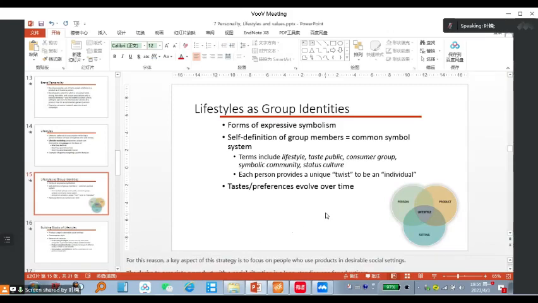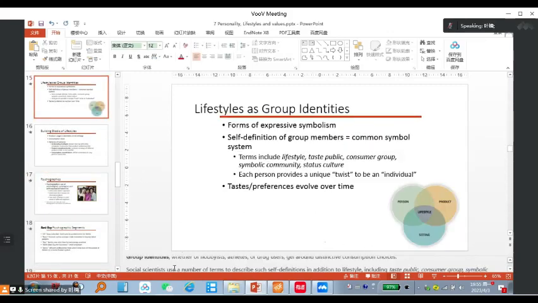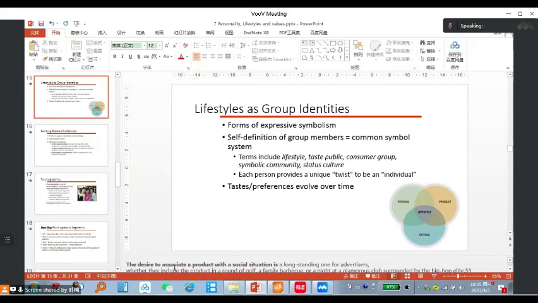For this reason, a key aspect of this strategy is to focus on people who use products in desirable social settings. The desire to associate a product with a social situation is a long-standing one for advertisers. As you can see, people, products, and settings combine to express a consumption lifestyle.